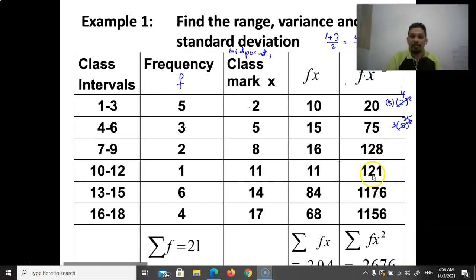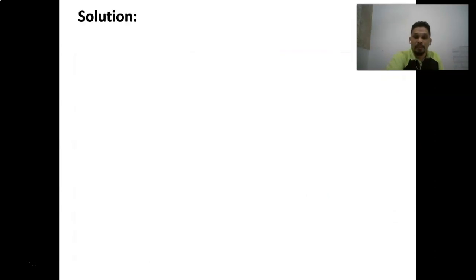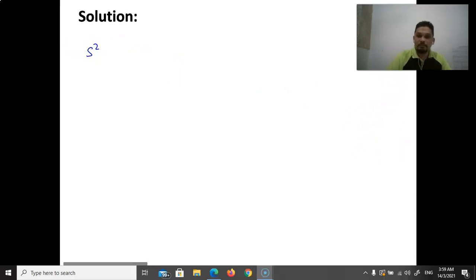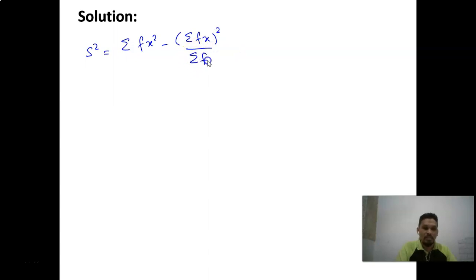Okay. There you go. Now, the solution. Variance equals the summation of fx squared minus the summation of fx, squared, divided by the summation of f, and divided by the summation of f minus 1.